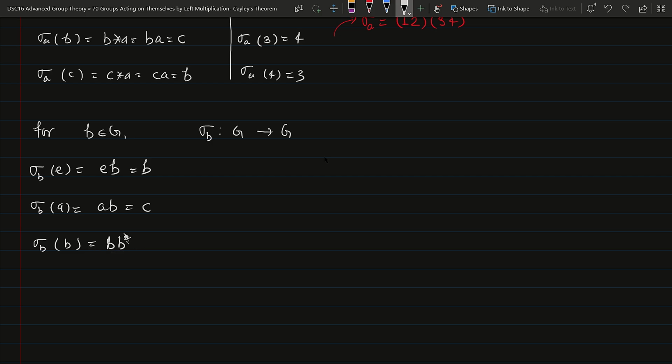Then sigma b on a is the same as ab, and ab is equal to c. Sigma b on b is bb, that is b square, which is equal to e. Then sigma b on c is the same as cb, and that is equal to a.